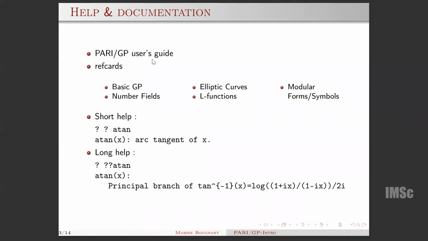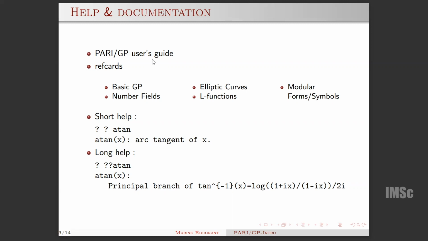With Zoom it doesn't work, but normally you can click on everything to make it open. This PARI-GP Users Guide is a very, very huge document with everything inside. You can find every help documentation inside. You should have it on your computer.